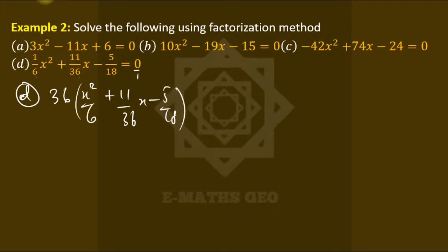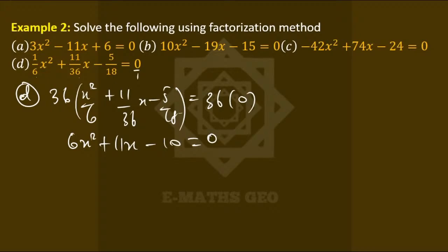Same, 36 times 0. So what do you do? They reduce, so this is 6x squared. Do you see? We've cleared the fraction now. This is 11x and this is 10, equal to 0. If you divide each of them by 36, you still get the original expression, but now it's easier. It's better to leave it this way.